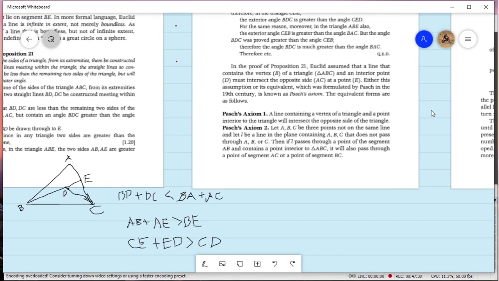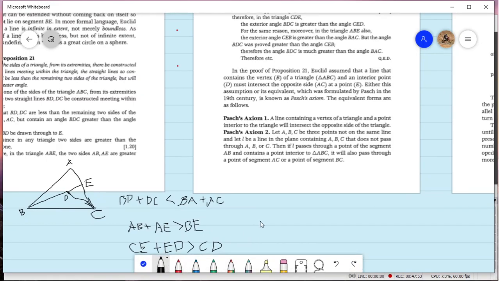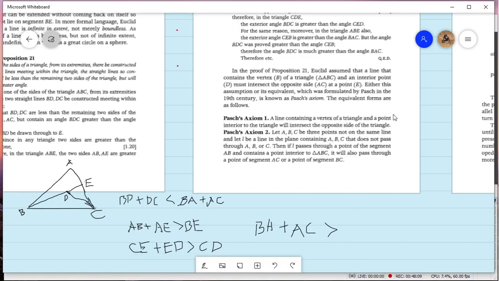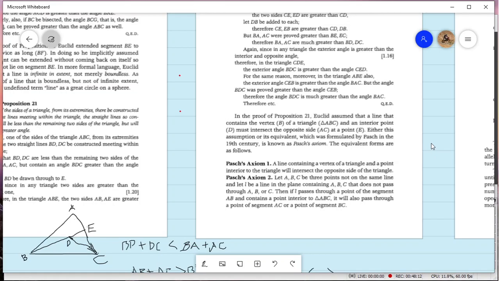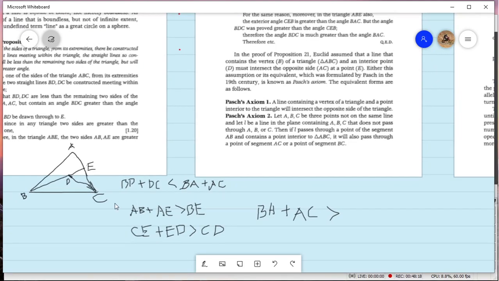So again BA plus AC is greater than BE plus EC.